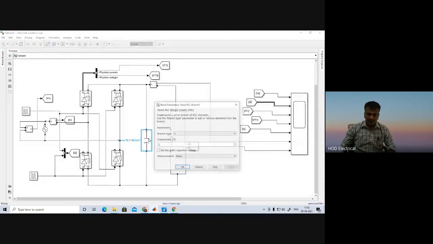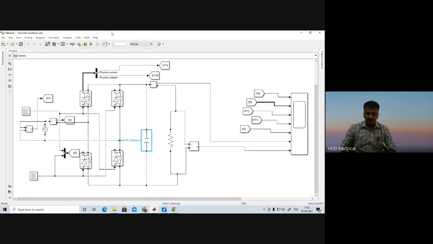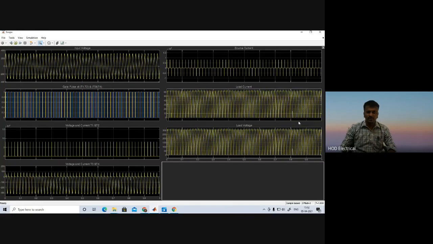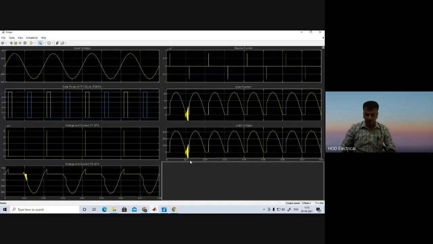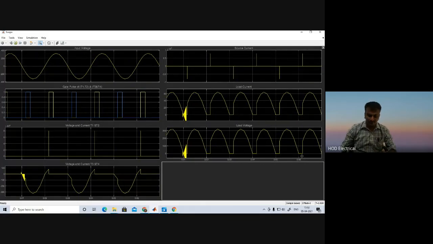Now if you reduce it again to open circuit, 1 e power minus 6, you get the ripples in the output voltage again. Let me reduce the simulation time to 4 cycles so that you can see the capacitor effect on the output voltage. This very clearly gives the idea for the single phase full converter.